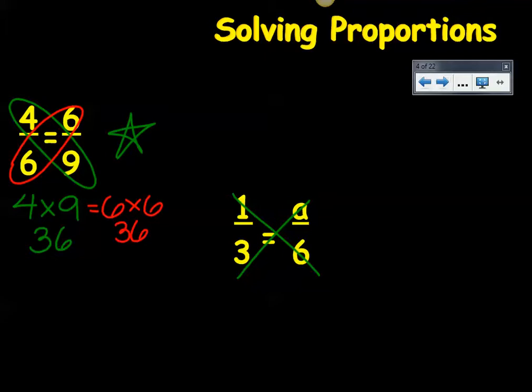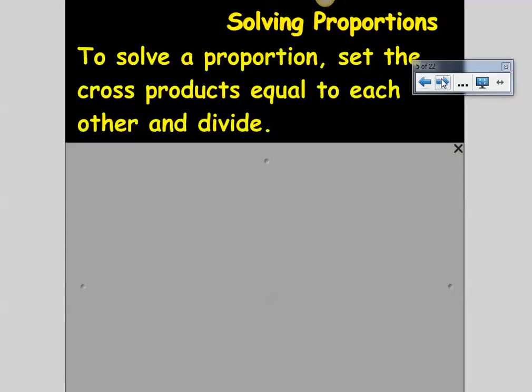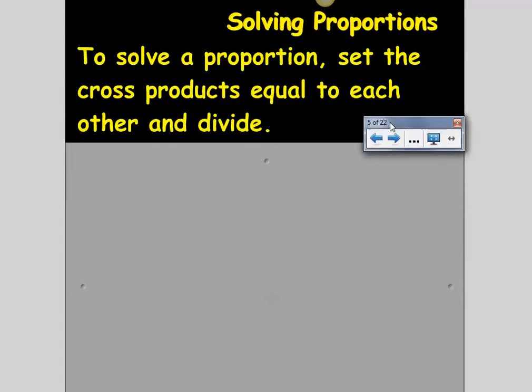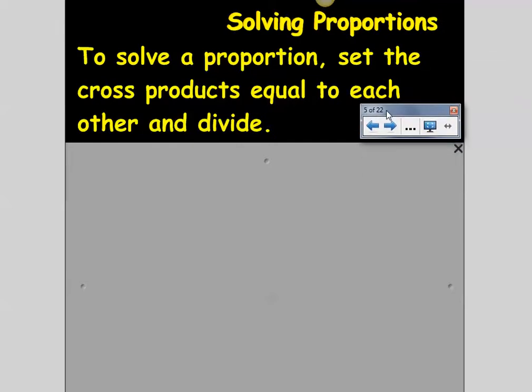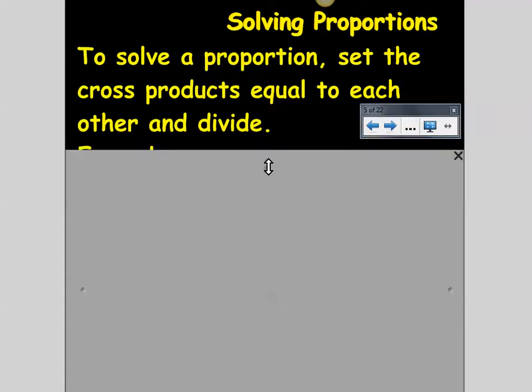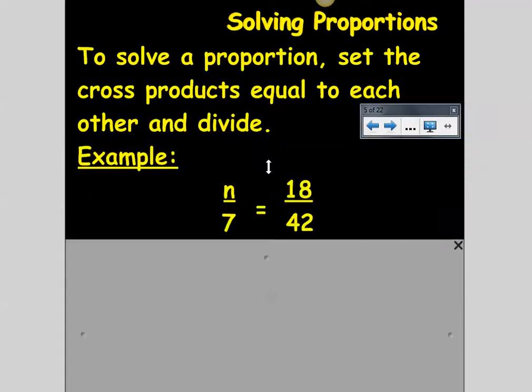What we mainly are going to be doing, though, is solving for a missing number in our proportions. This is when it gets more complicated. So to solve a proportion, I'm going to set the cross products equal to each other and then divide. Don't worry about writing down this example. I'm just going to walk us through step by step. So here I have an example of 7/n equals 18/42.